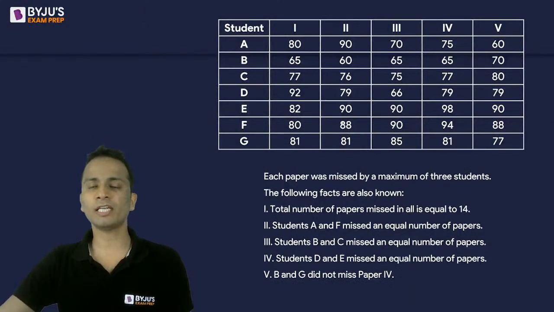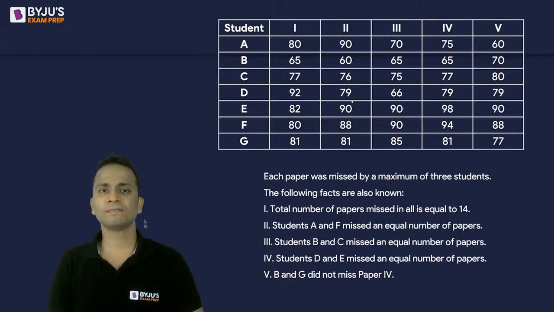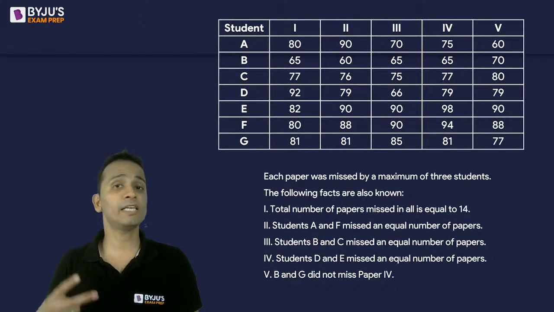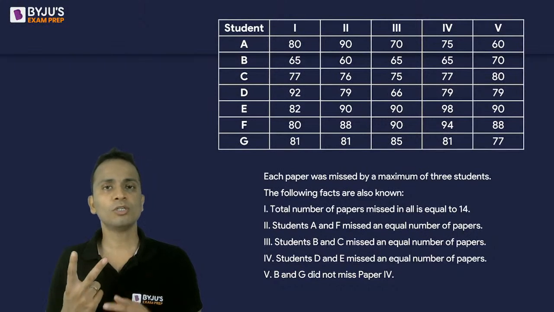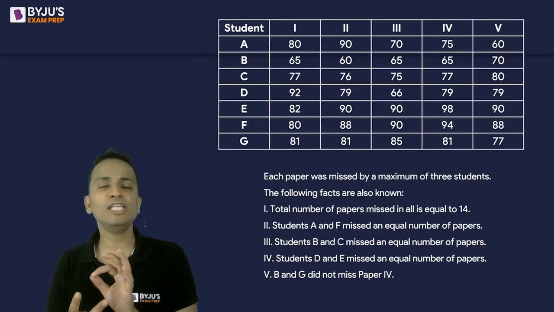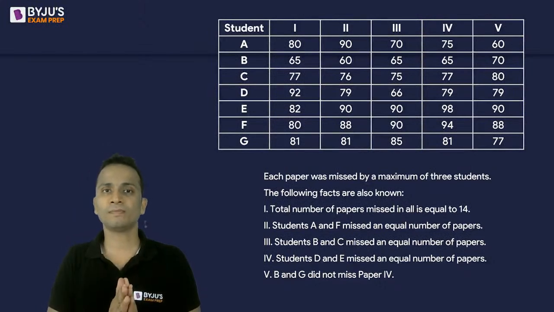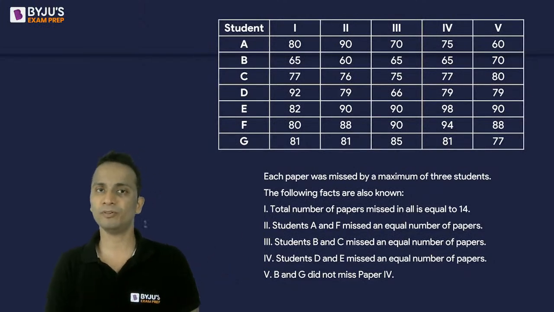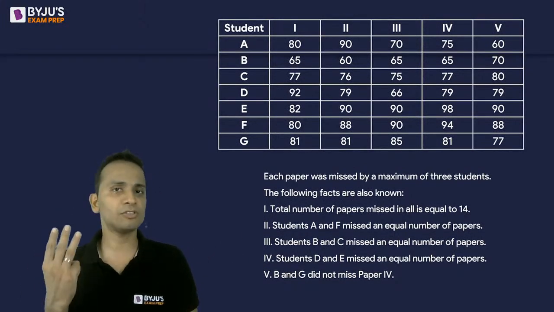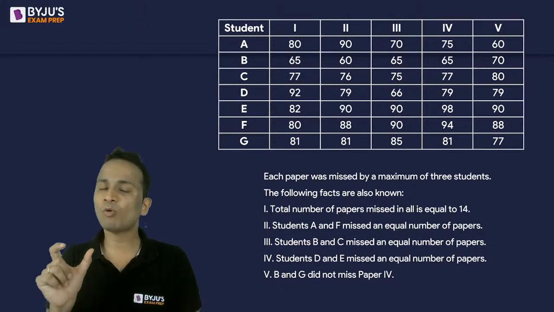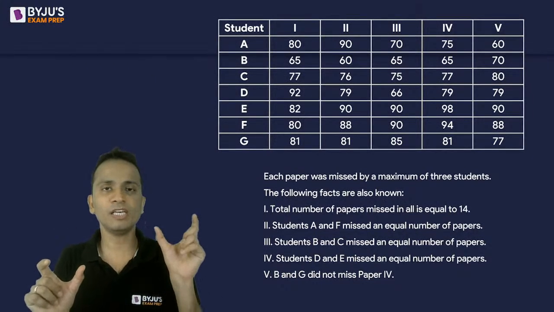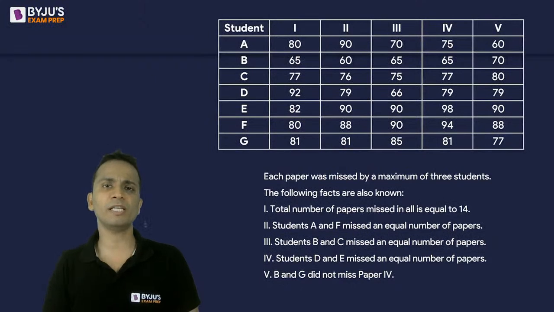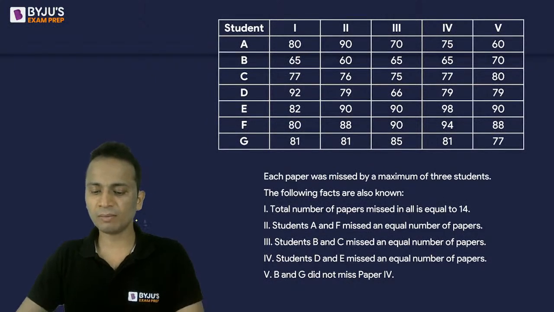So if a student misses two papers, the marks awarded in these two papers will be equal, and will be the average of the marks of the remaining three papers. Similarly, if a student misses three papers, the marks awarded in these three papers will be the average of the other two, and hence once again equal.